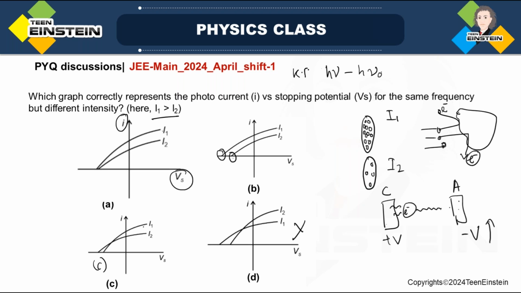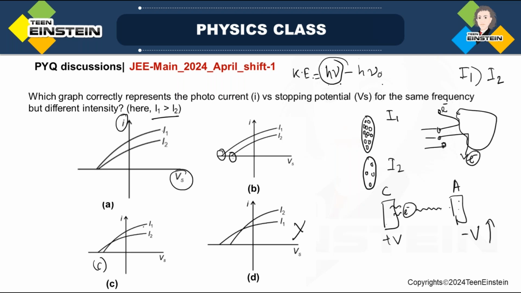This energy gives the kinetic energy to the electron to reach the anode. Now suppose I have two lights, one has intensity I1 which is greater than intensity I2, but both of them have the same frequency.